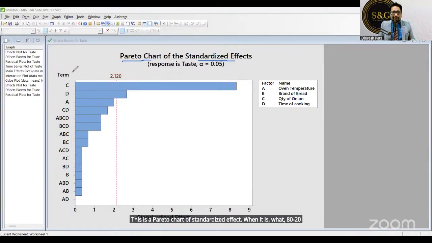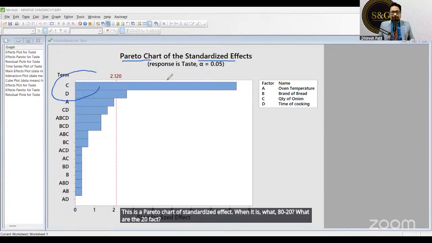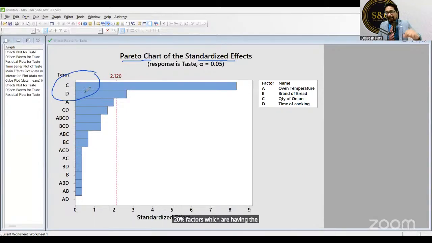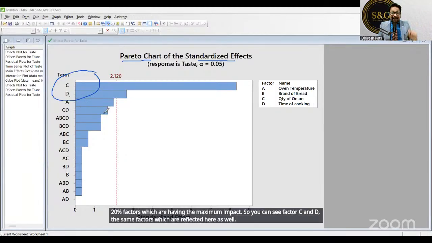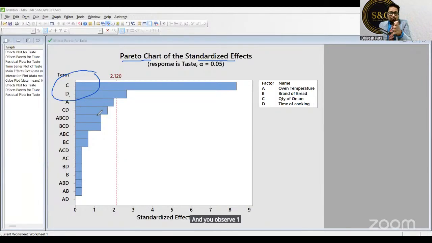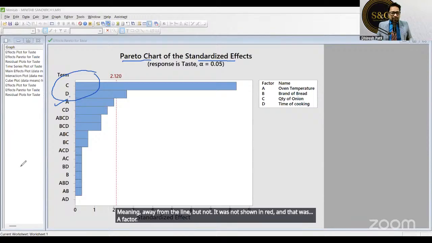What are the 20% factors which are having the maximum impact? So you can see factor C and D, the same factors which are reflecting here as well. And you observe one factor which was close to the line, meaning away from the line, but it was not shown red, and that was factor A. Let me just show you that.